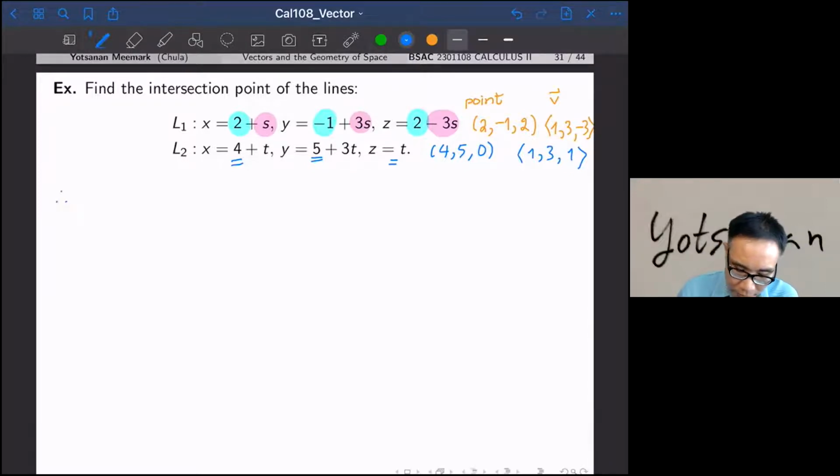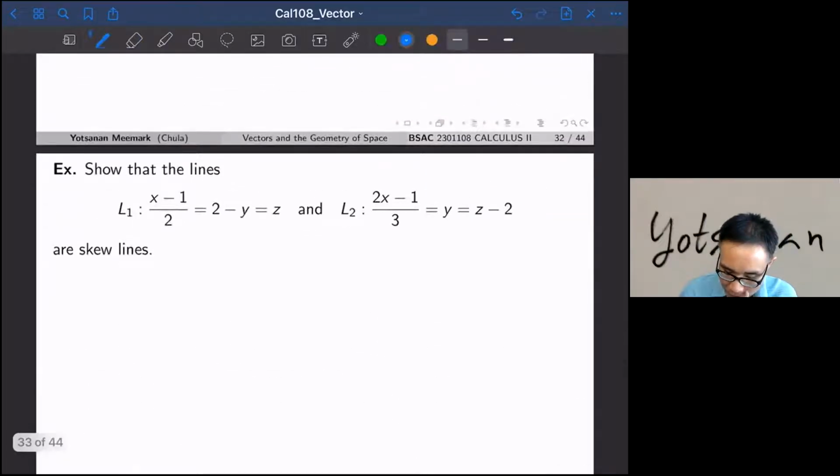For the next one, let's read here. You see it's x minus 1, 2 minus y, and z. This is x minus 1 over 2. We must put this in standard form first.